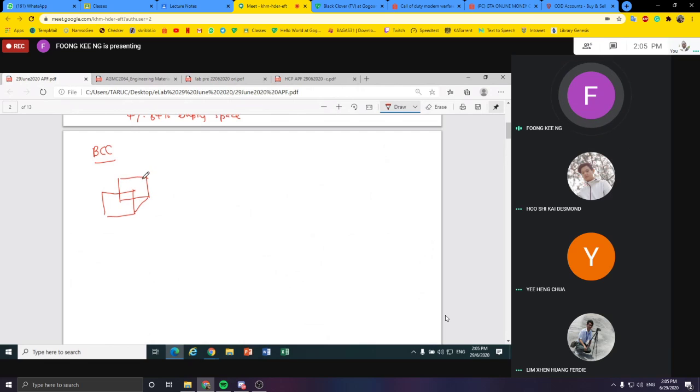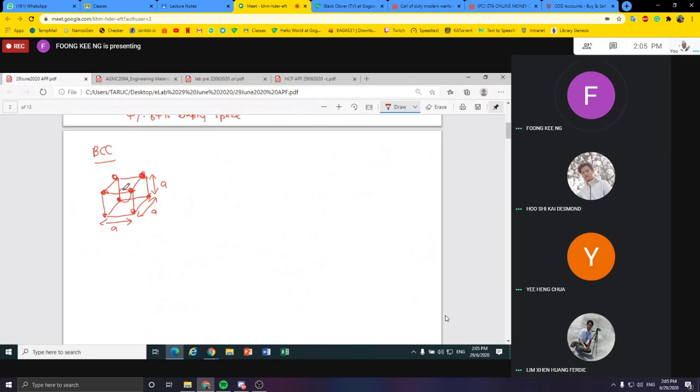You see how I draw BCC. What's the edge length A? How much is here? Every single corner has one atom, and in the center there's one more big atom.